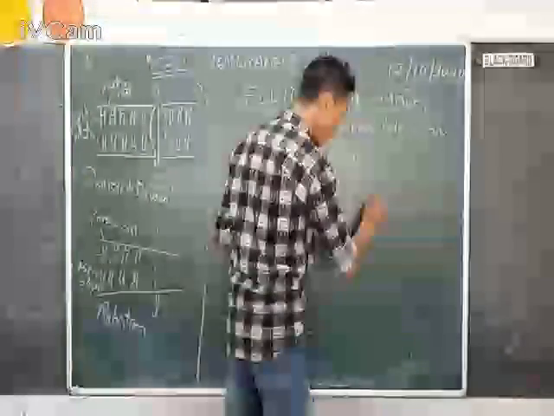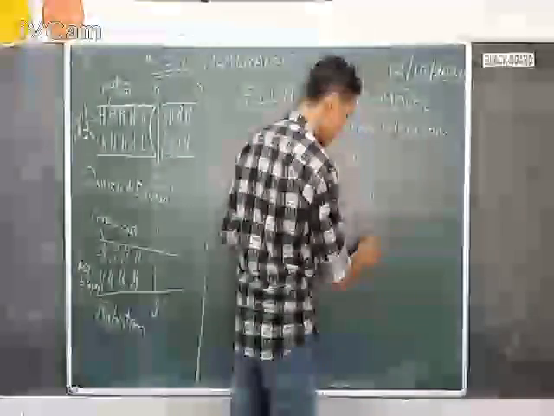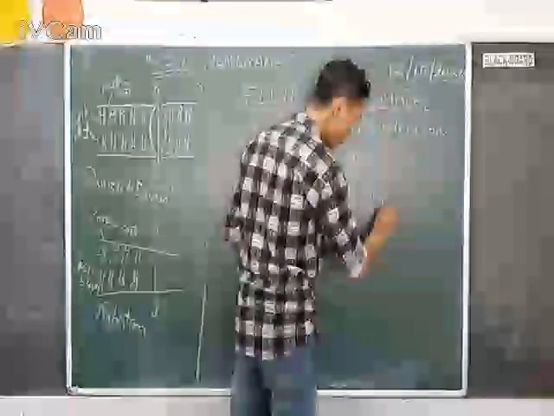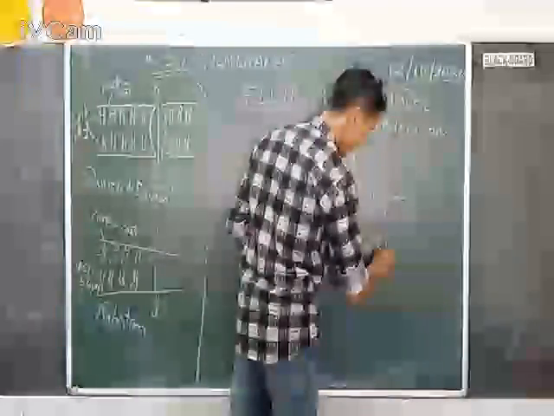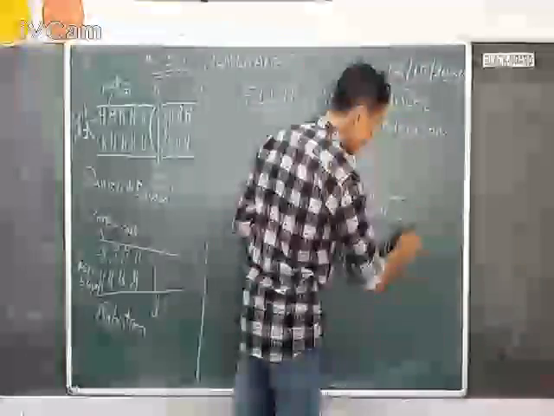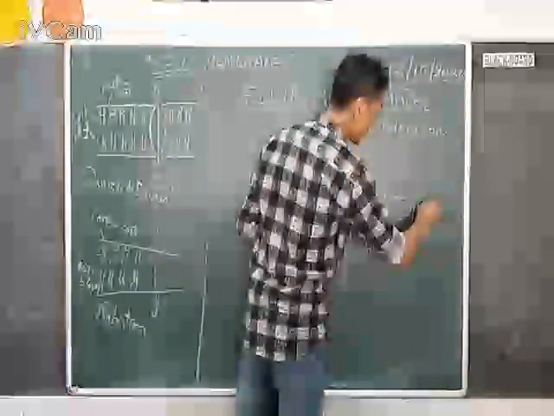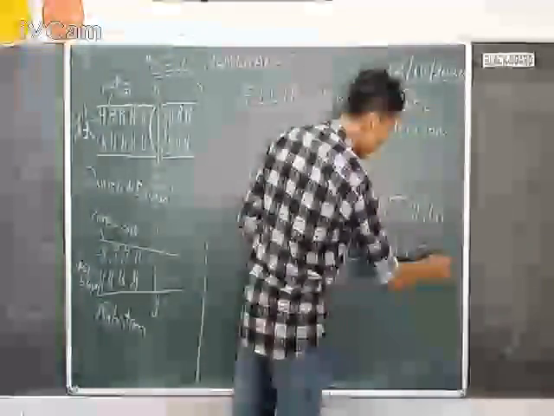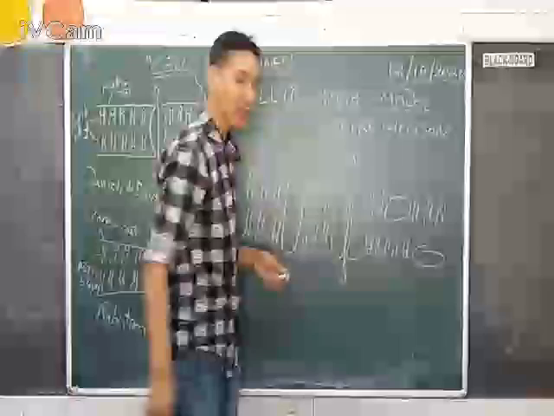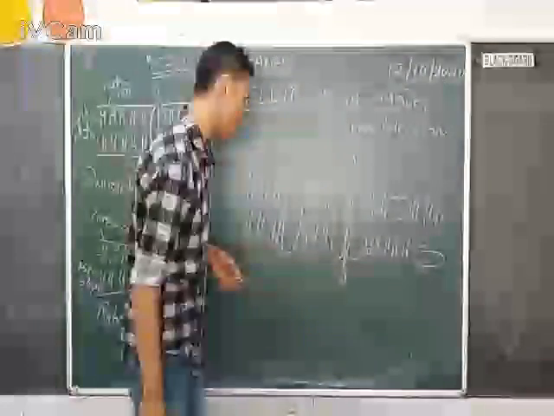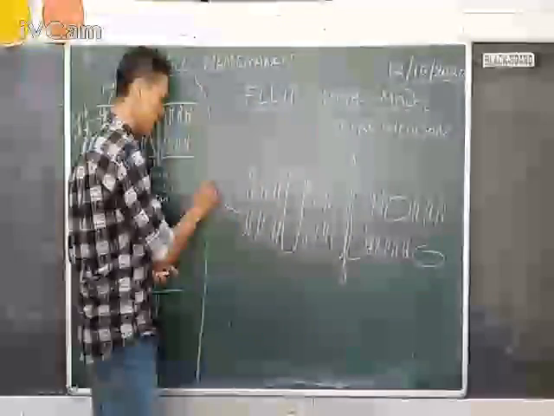Then, you will also find proteins which are present in only a single layer. Depending on their position, whether they are in the upper or lower layer, they are known as extrinsic or intrinsic proteins.